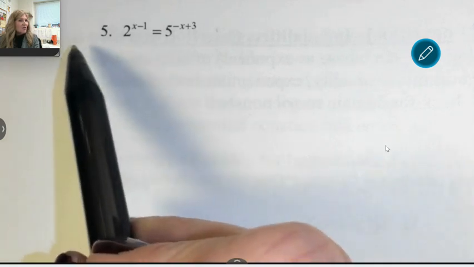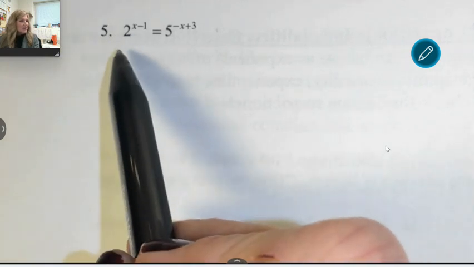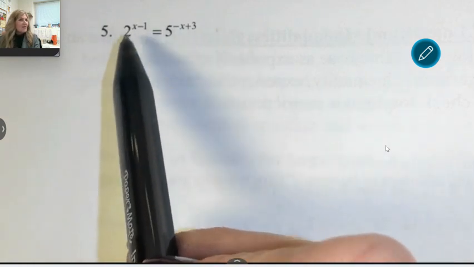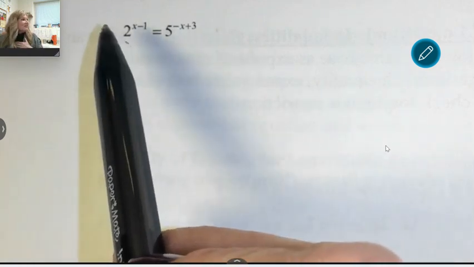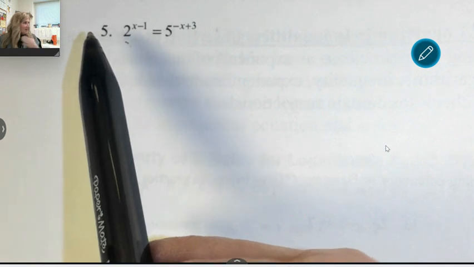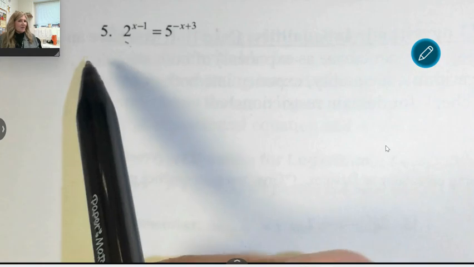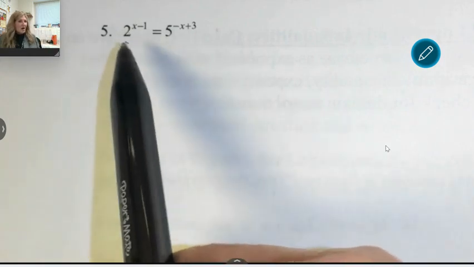So we did this with log base 2, and we can certainly do it that way. I want you guys to do this with log base 2, but I'm going to do it with log base 10. I just want to show you because there are so many different ways to work with logs. So you guys go ahead and start with log base 2.